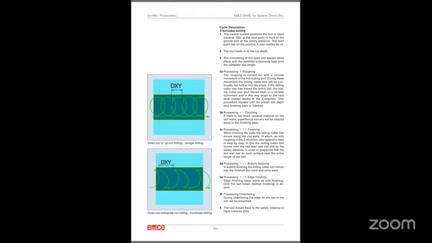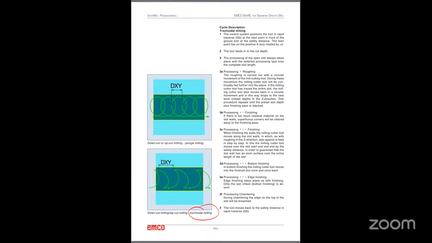See, in trochoidal milling, the tool will take circular movement. Then using that, it will cut the slot. So the tool is taking a small radial engagement, so that tool load will be very less.